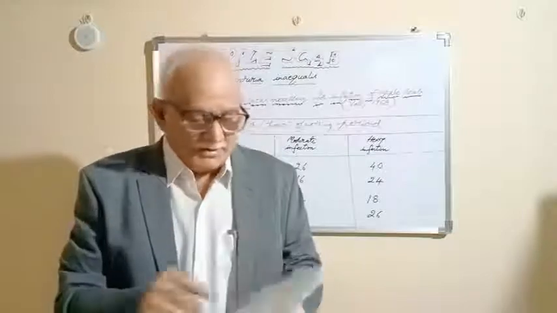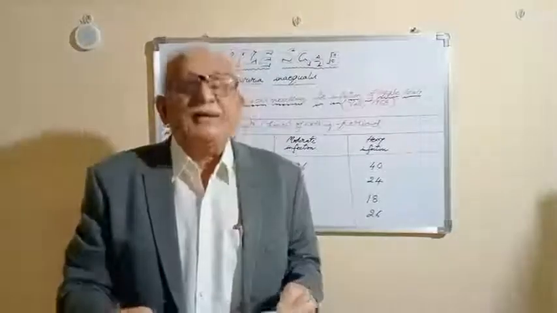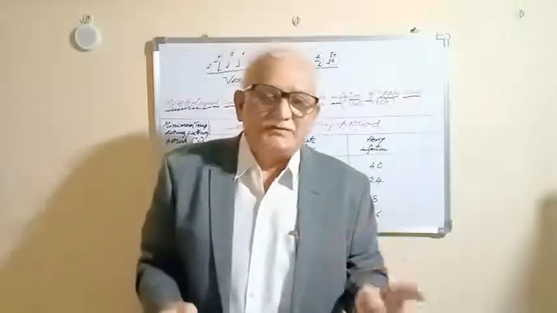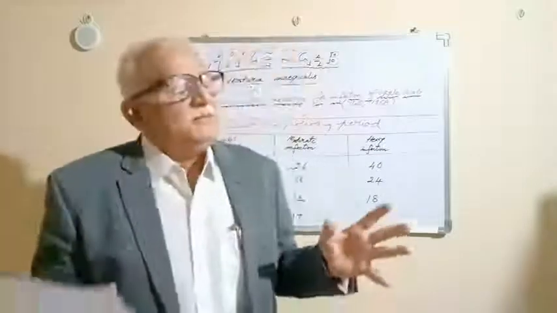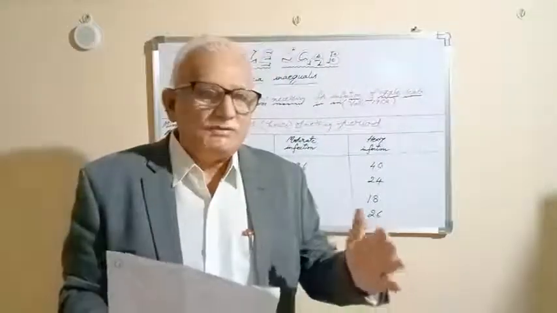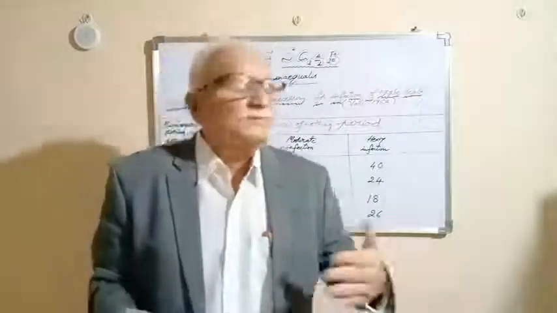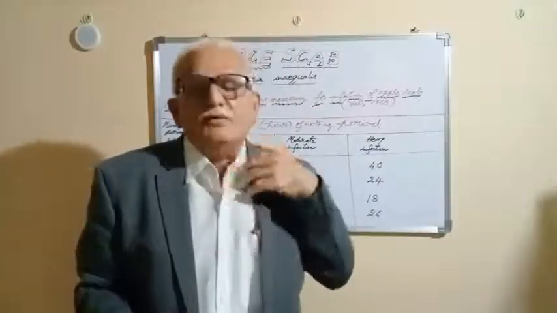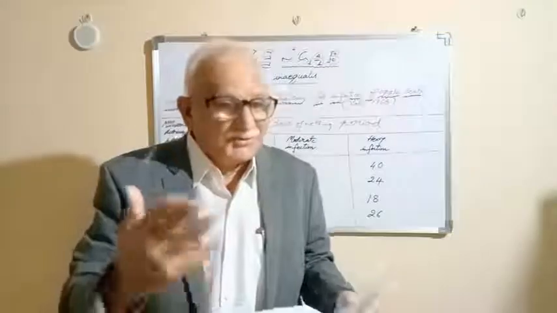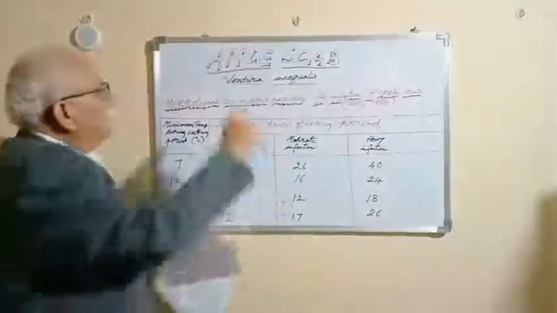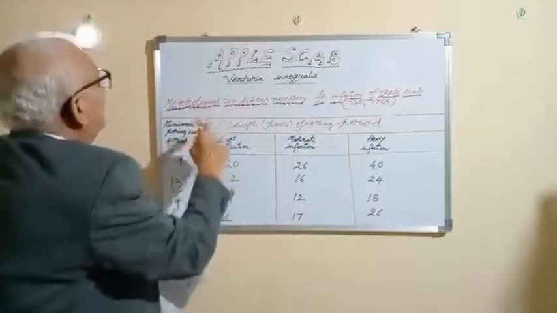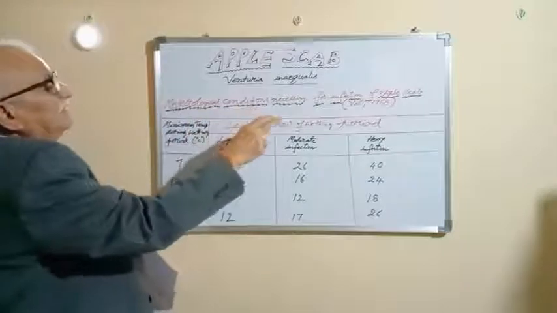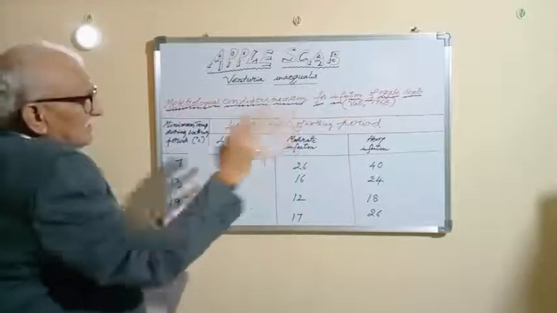Now see, predicting the infection of apple scab is purely on a meteorological basis. Once you have the meteorological data, you can predict it, you can control it, you can save lots and lots of crop for the farmers. Farmers should get the money. How? See, apple scab Venturia inaequalis, meteorological conditions necessary for infection of apple scab.